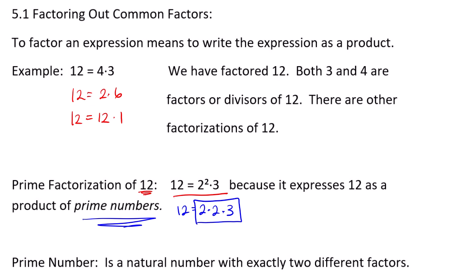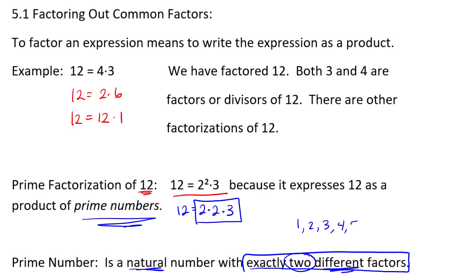All right, and we all know that a prime number is a number that has exactly two different factors, right? And it has to be a natural number as well. So if we think about it, the natural numbers are 1, 2, 3, 4, 5, all the way to infinity, right?